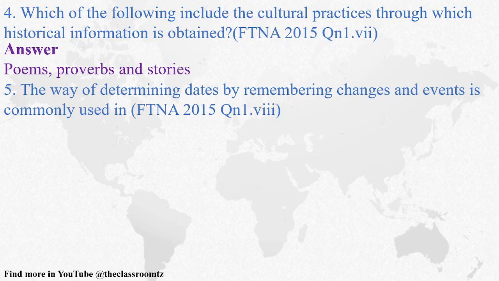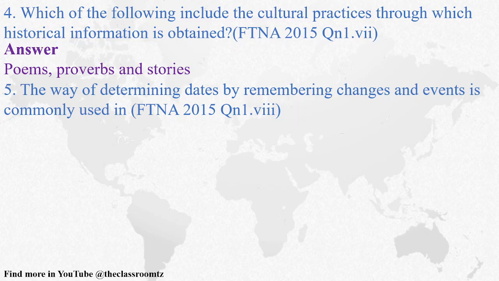Examples mentioned there: remembering or recording events, studying the language, the use of scientific methods like carbon-14 or potassium-argon, or arranging events in chronological order by using tools like a time chart, timeline, time graph, and the family tree. Those are examples of methods of determining dates.